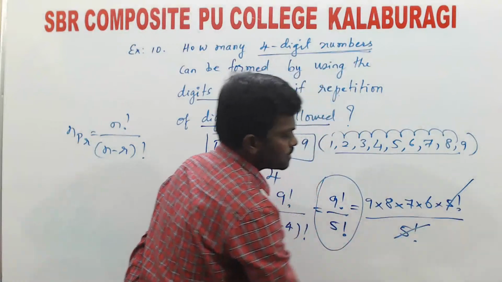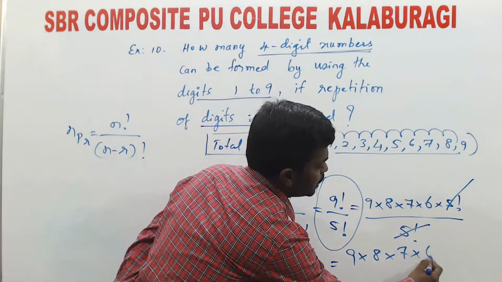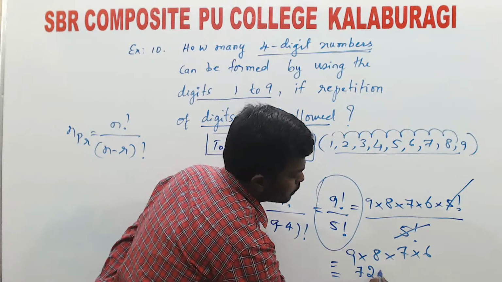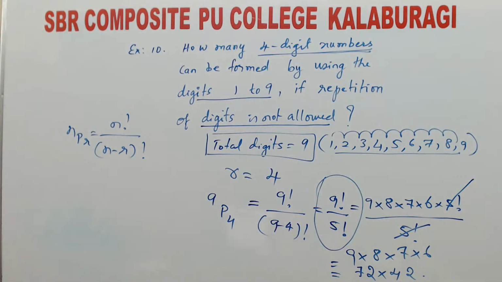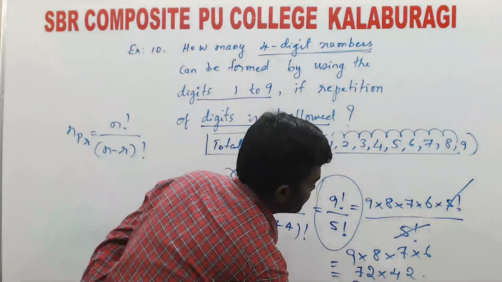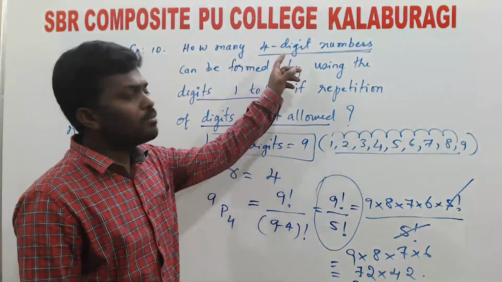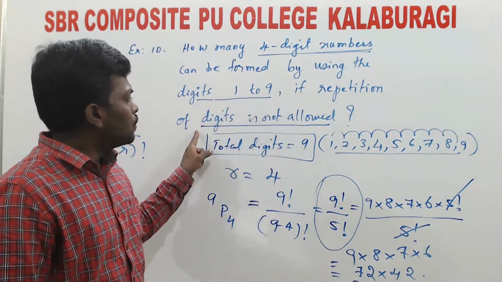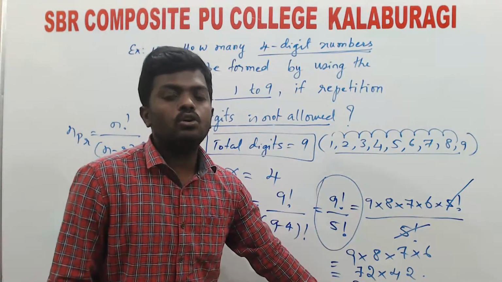So this gets cancelled. So 9 into 8, 7 into 6. 9 8s are 72, 7 6s are 42, so it will be 3024. So the total number of 4-digit numbers that can be formed out of the digits 1 to 9 when repetition is not allowed is 3024.